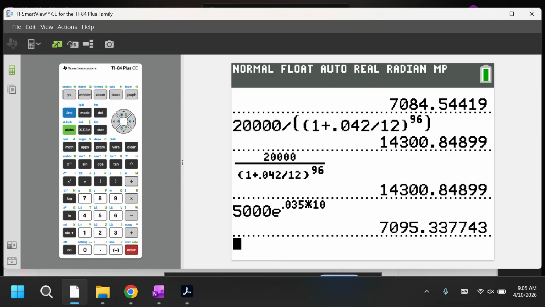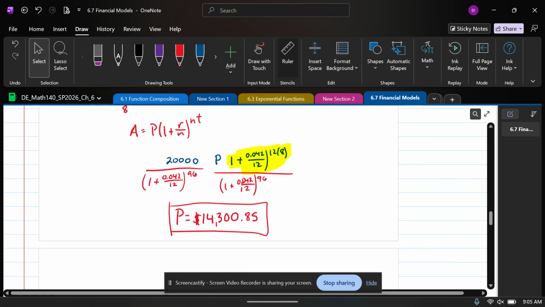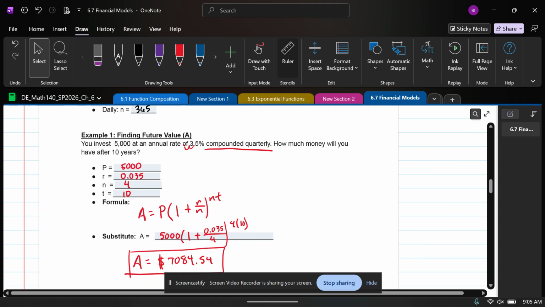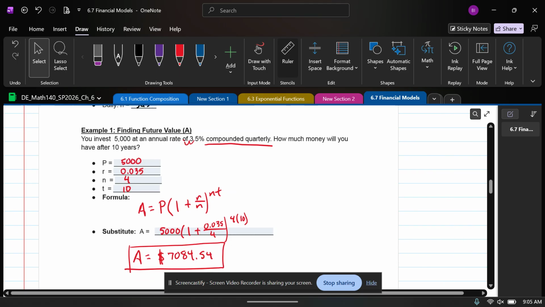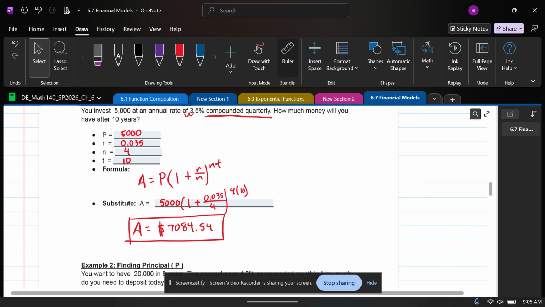So comparing that to what we did on the first example. The first example we did had $5,000, 3.5% compounded quarterly. We gained about $11 with continuous interest on the $5,000 that we invested. $11 doesn't seem like much, but over time, in 10 years we gained $11.